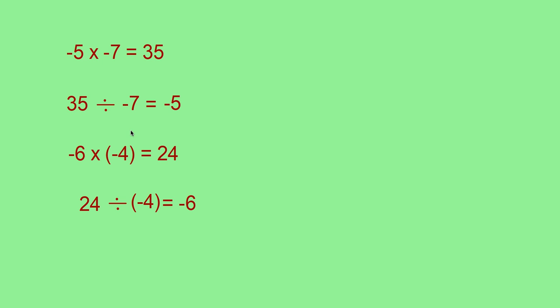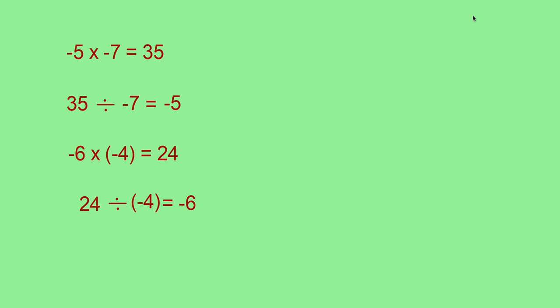Now check here. Here is a positive number, here is a negative number. So a positive integer divided by a negative integer, the quotient sign is negative. Here also positive divided by a negative, the sign of the quotient is negative.